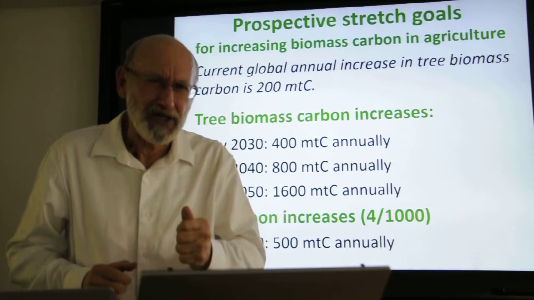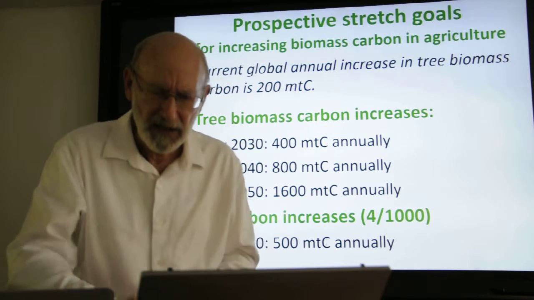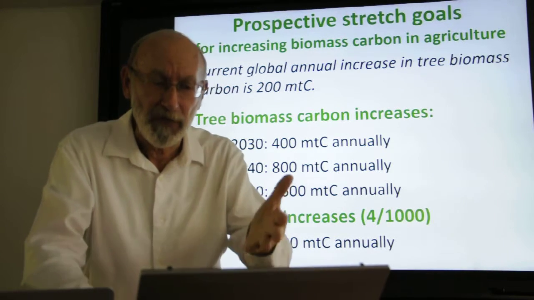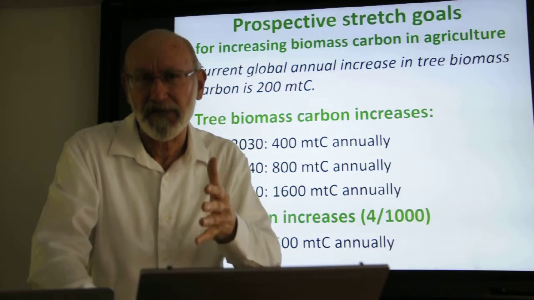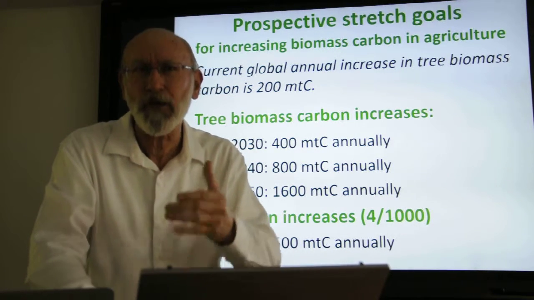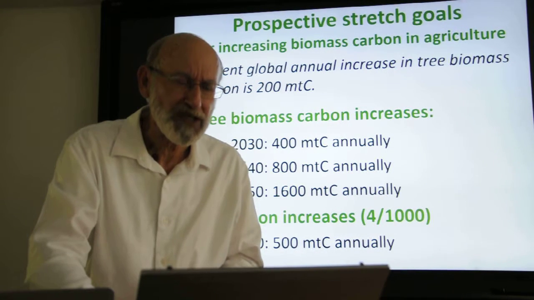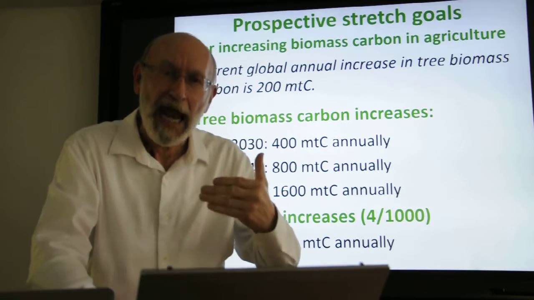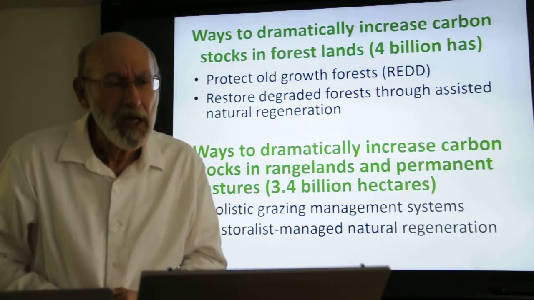With the right policy and the right technologies, working with farmers, this kind of change can be done, and we can look at perhaps over 2 gigatons of carbon stored annually, in addition, every year through these systems by 2050, and really make a difference in terms of carbon neutrality.